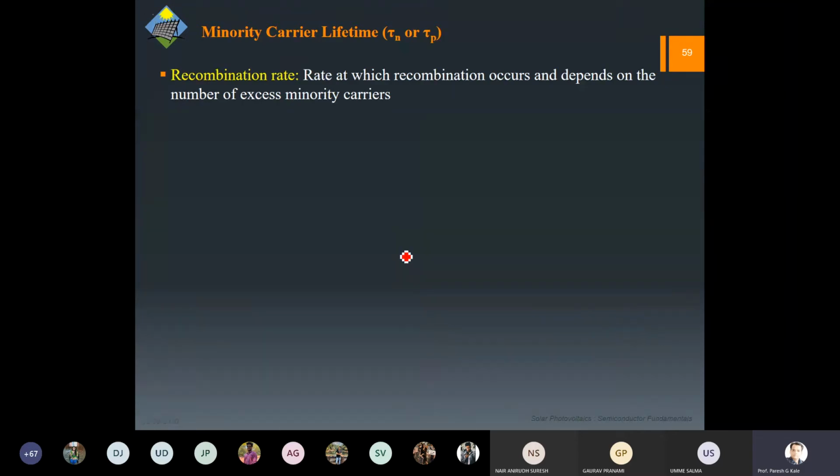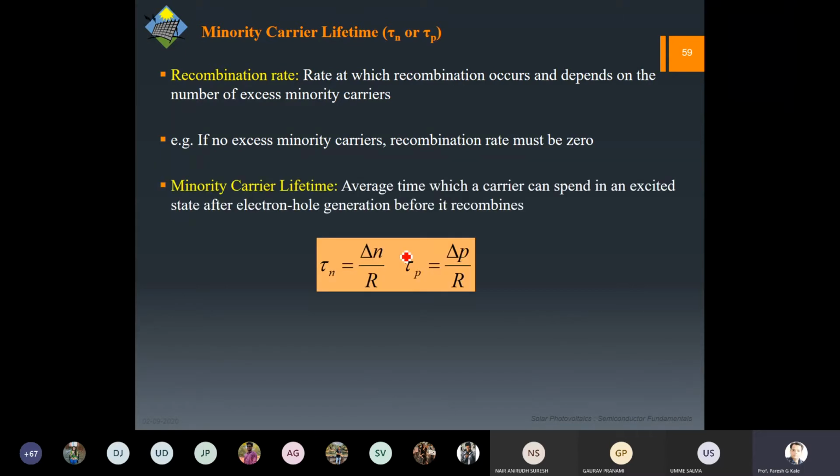This recombination rate depends on the number of excess minority carriers. If there are no excess carriers, then there is no possibility that recombination will happen. So the minority carrier lifetime in a simple sense can be defined by the excess carriers.